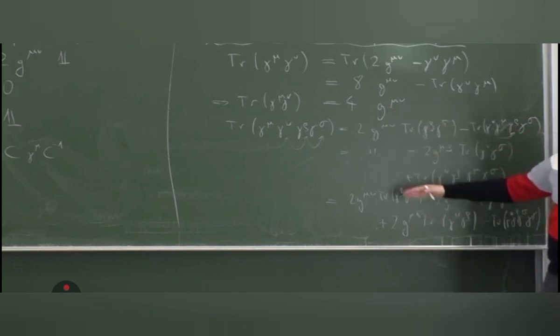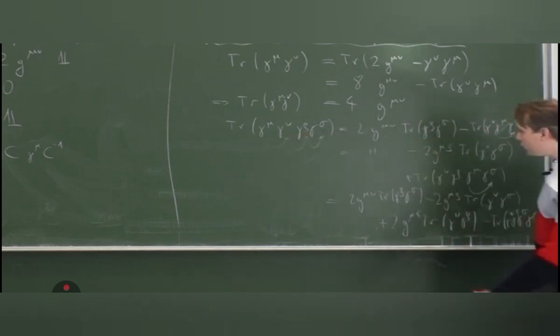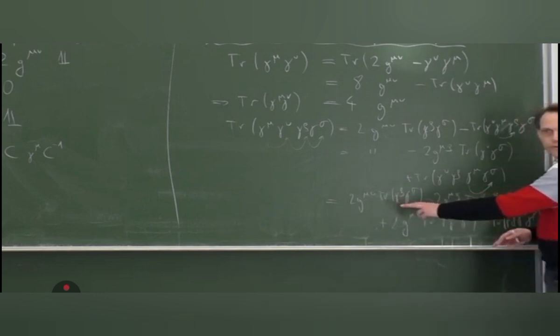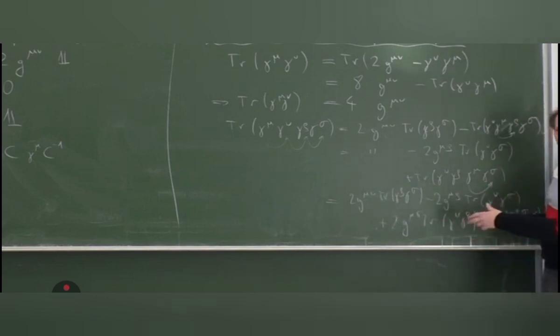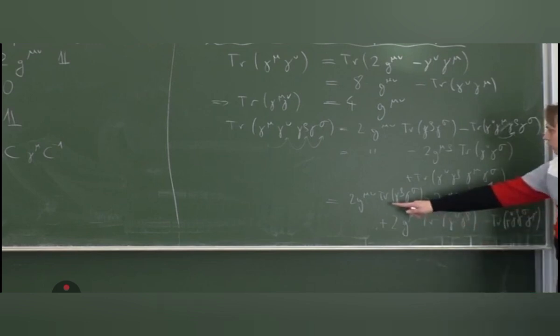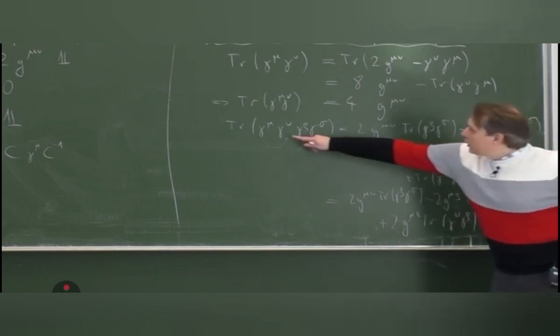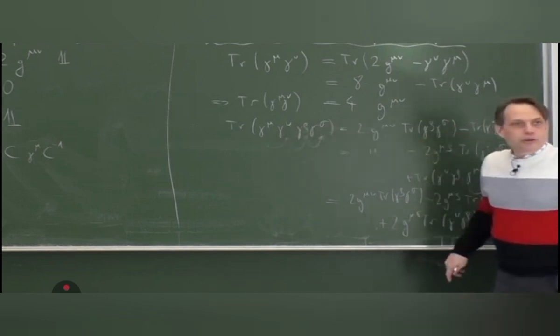So the result of this trace with 4 gamma matrices is a combination of 3 terms. Each term consists of 2 metric tensors such that the 4 indices are saturated, and we get a plus-minus structure depending on basically the permutation of the indices.